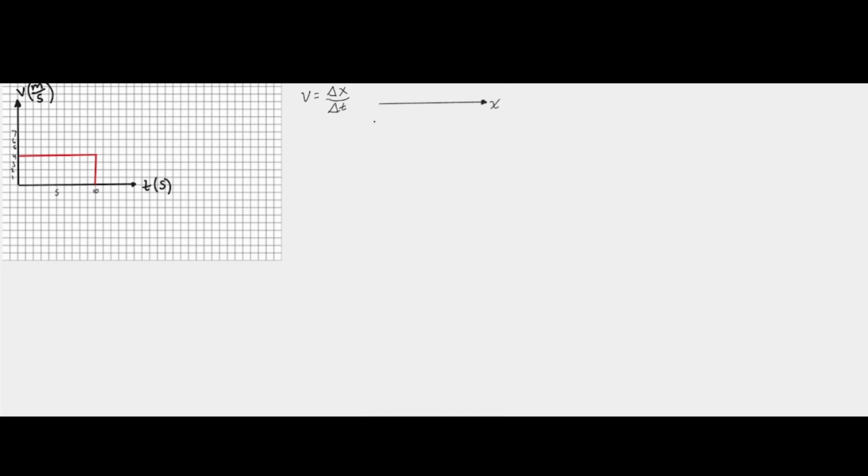Remember, displacement means the shortest distance between 2 points, your starting point and your end point. So it doesn't matter, for example, if I took some curvy path to get from the beginning to the end. What matters is the shortest distance between those 2 points, which is in fact a straight line. So for that, I can then choose to use just a one-dimensional x-axis.